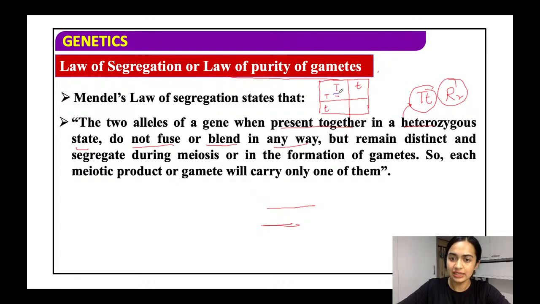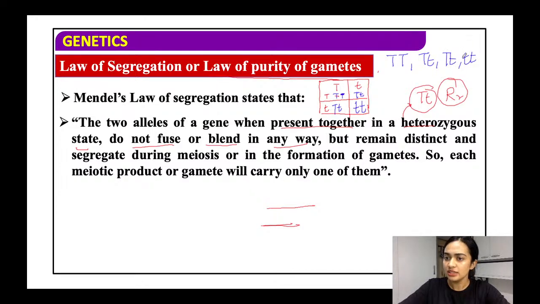So I either get capital T and capital T, the complete pure line homozygous tall, or I get the capital T along with the small t, the heterozygous condition, or I get the complete recessive, the small t and the small t. So these are my four traits that I obtain.